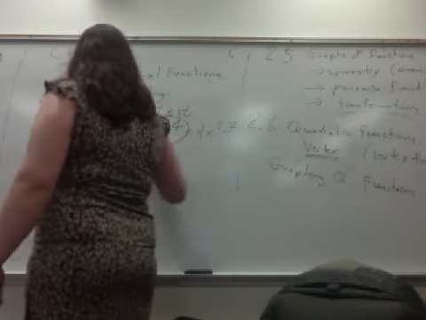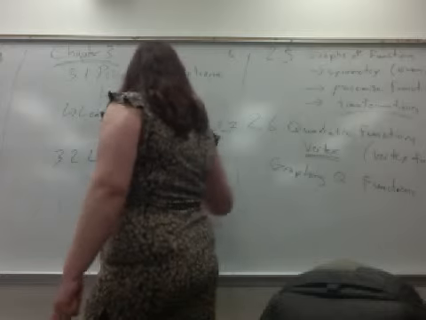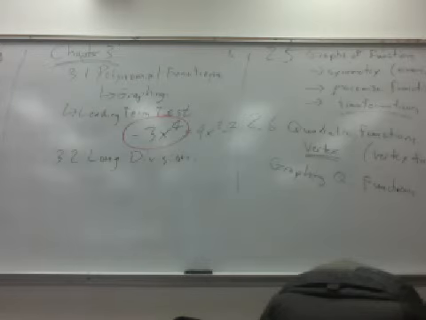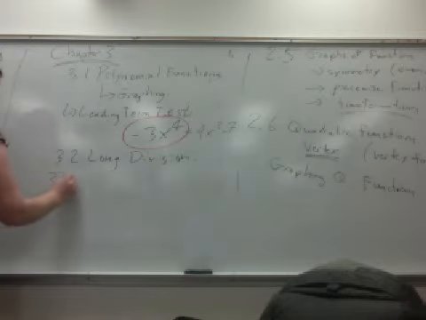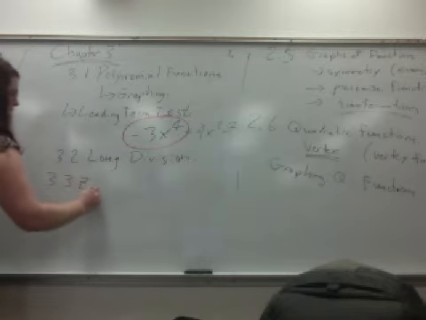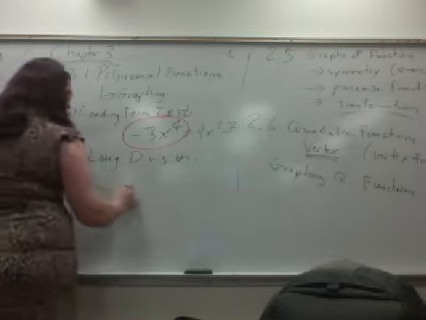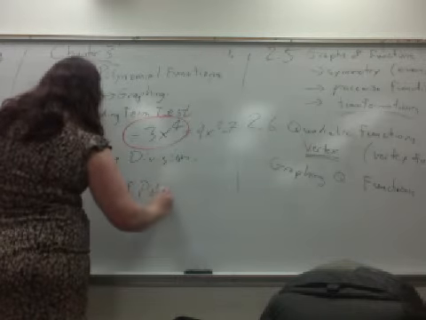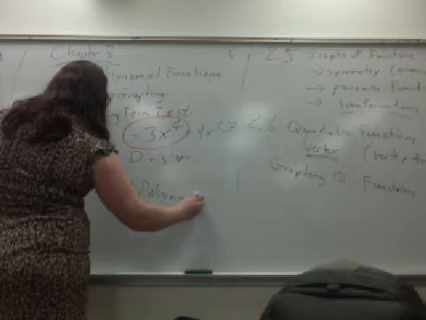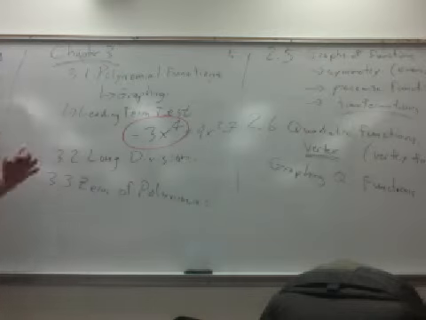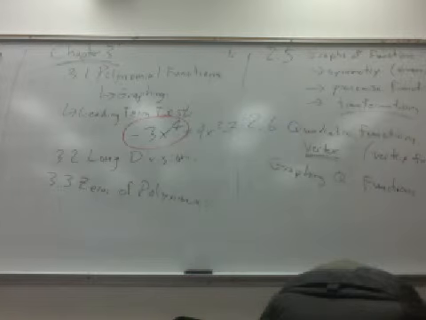3.2 is basically about long division of polynomials. That's basically what you need to know how to do from section 3.2: how do we do long division of polynomials. And 3.3 was about zeros of polynomials, right? The relationship between zeros of a polynomial and factors of a polynomial and x-intercepts.